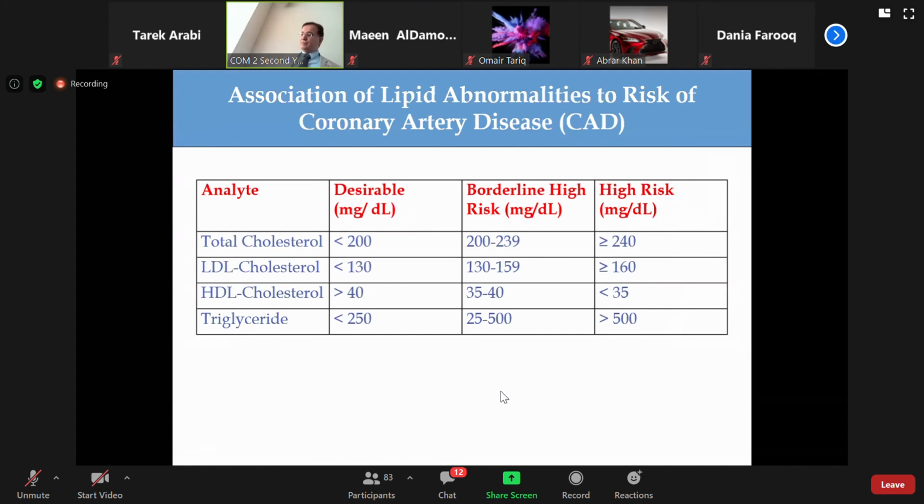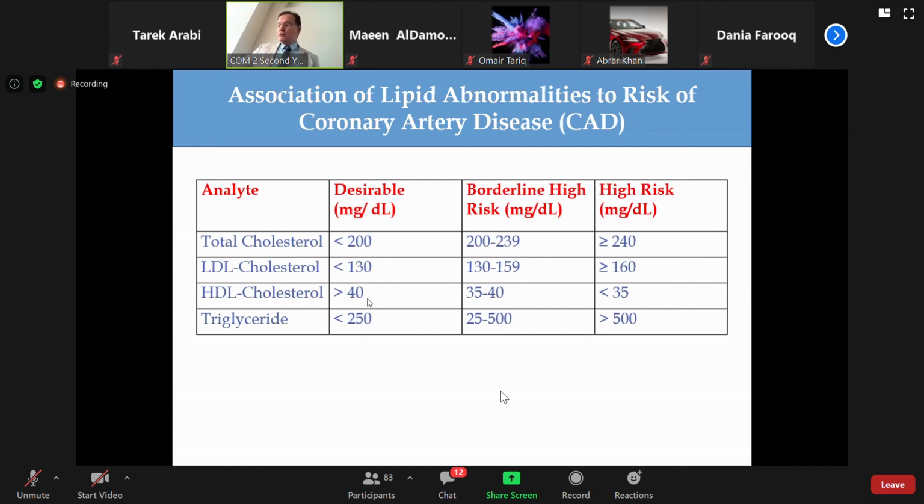cholesterol. Now, as a physician, mostly you're looking into the lipid profile. Most of the time, you will be ordering the lipid profile to assess the risk of atherogenesis. If you order the lipid profile, you get the total cholesterol, LDL cholesterol, HDL cholesterol, and triglycerides.